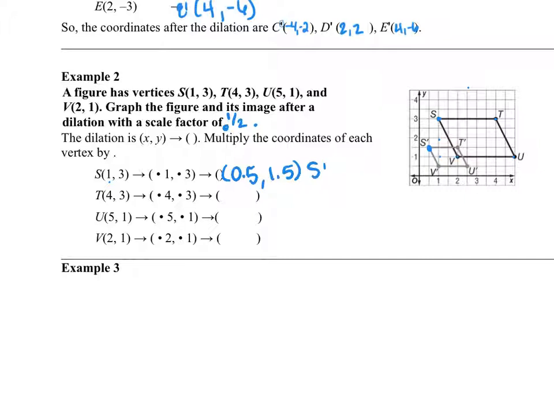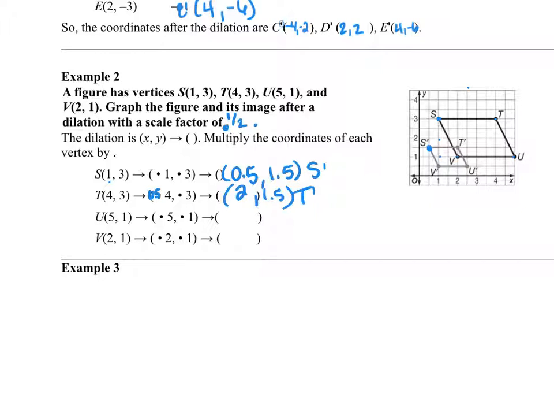So this little gray image, the little lighter image, is the transformation. It's the reduction. It's the same figure, but reduced. So the second one, you would say 0.5 times 4, which would be 2, and then 2 and 1.5 would be T prime. Are y'all seeing where this is coming from?